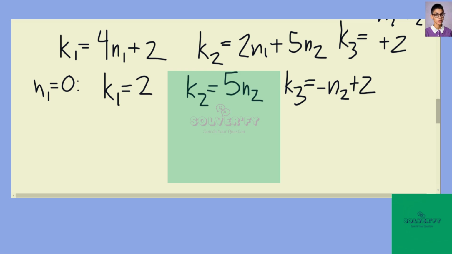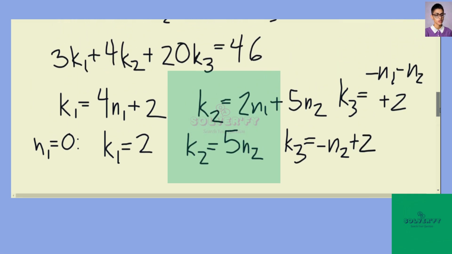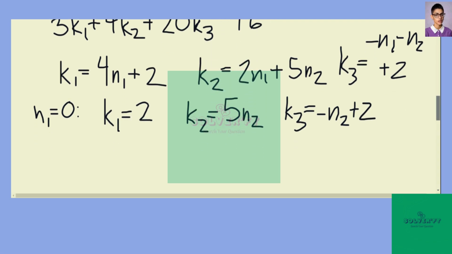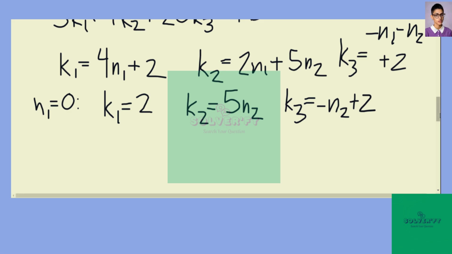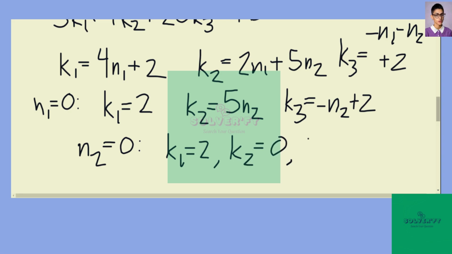And if we take n2 to be 0, we have k1 equals 2, k2 equals 0, and k3 equals 2.